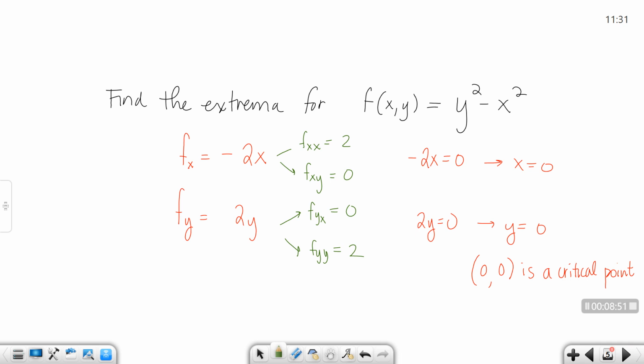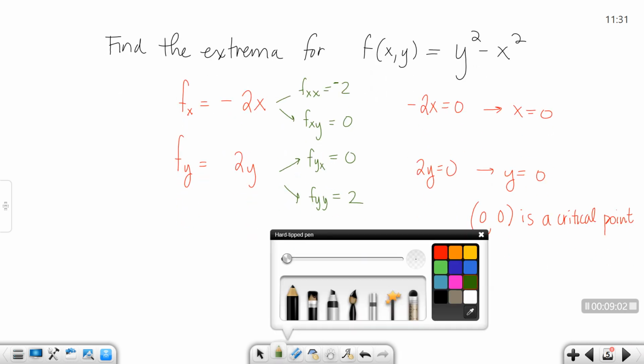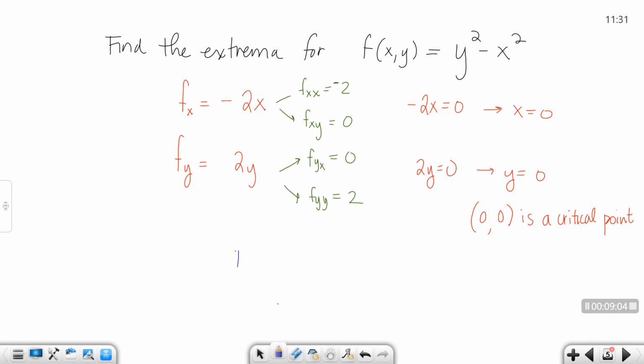The partial derivative with respect to x twice would be a negative 2. That should be a negative 2 right there. Okay, so let's take the determinant. And we get a negative 4. So the determinant is less than 0. If the determinant is less than 0, then that critical point is actually a saddle point.